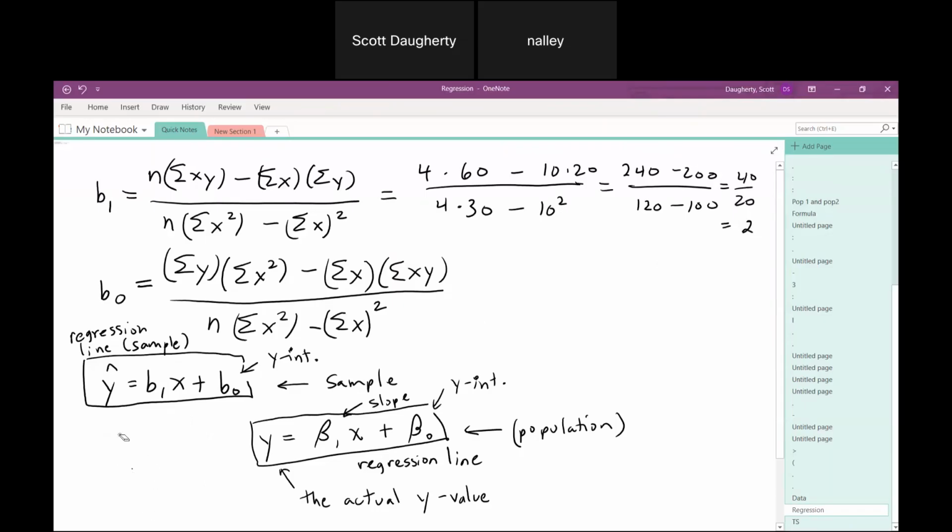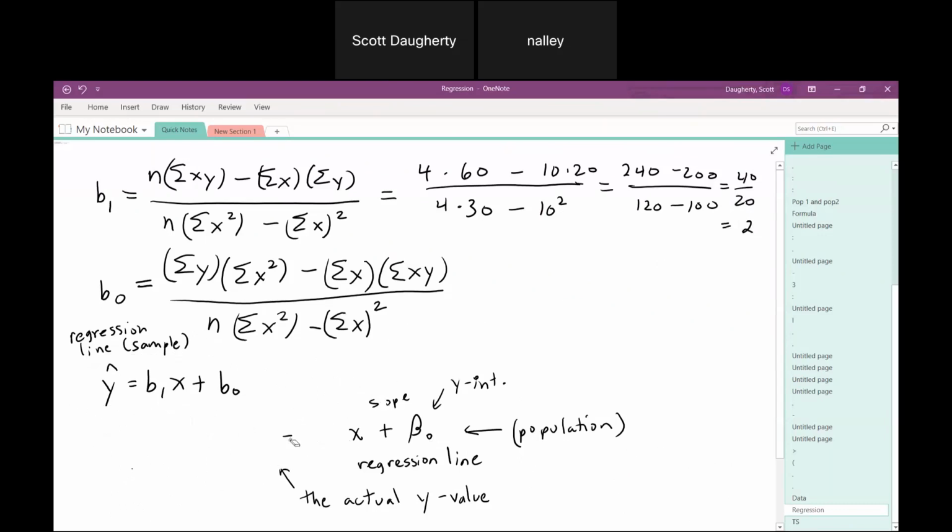And remember, the regression line is trying to model the bivariate data. So we can make predictions for x values that we don't know the y value of. So we now know B1 is 2, the slope, right, times x, and now all we need is the y-intercept, B sub 0.